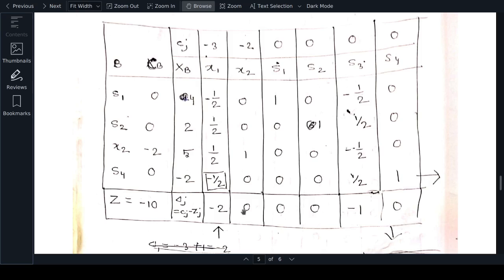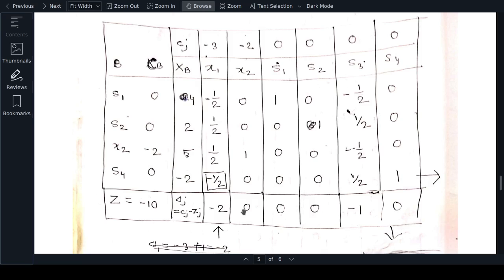So S1, S2, X2, S4. And here, same as before, we divide by -2, then we get this x2 row: 5, 1 by 2, 1, 0, 0. So apply the same process as earlier and you will get the new table, the second table.